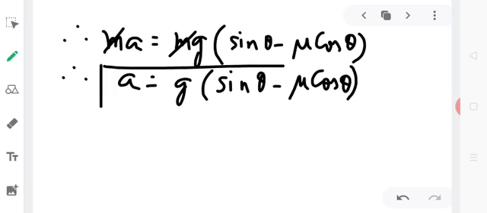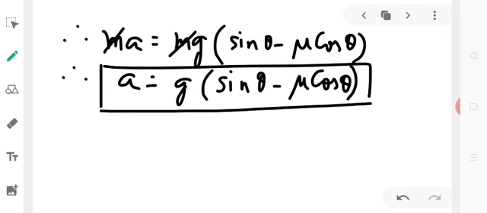This is the expression for acceleration. And obviously this implies that acceleration is less than acceleration due to gravity. Acceleration of a body down a rough inclined plane is always less than acceleration due to gravity.